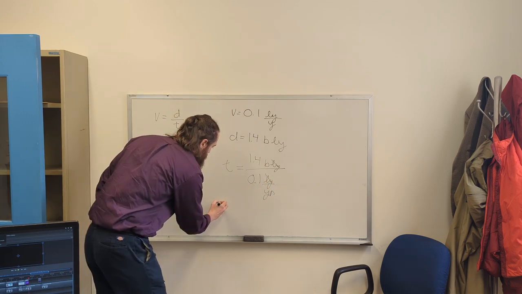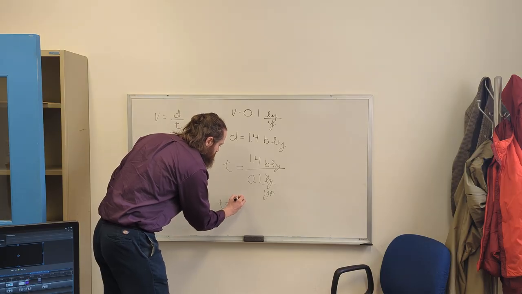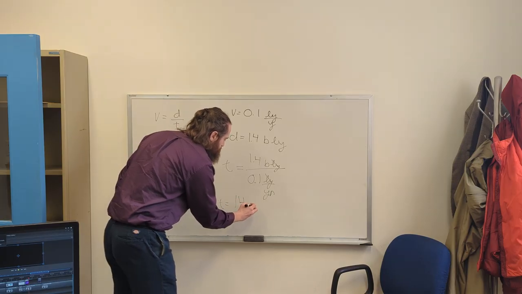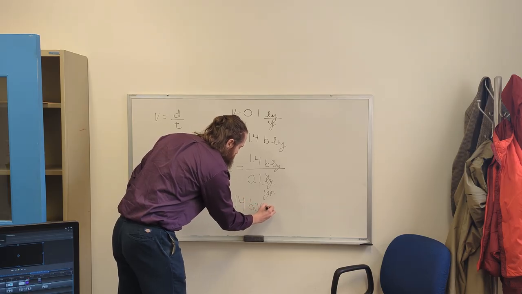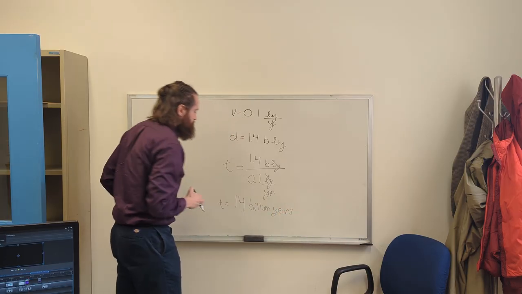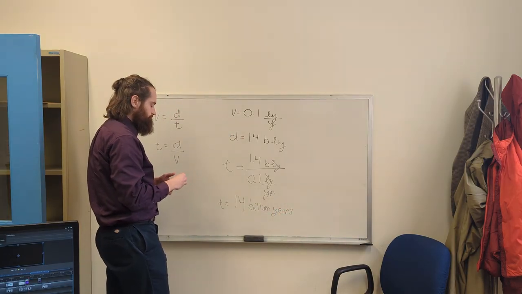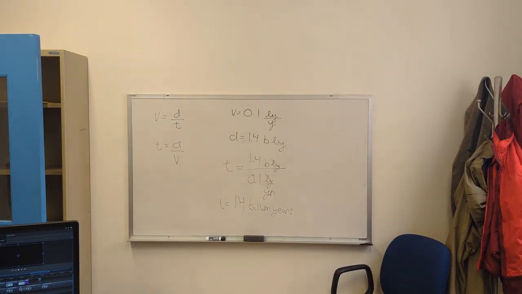So 1.4 divided by 0.1 would be 14, and so this was telling you that if you detect something moving at a rate of 0.1 light year per year, and it's 1.4 billion light years away, it would have taken 14 billion years to travel that distance.